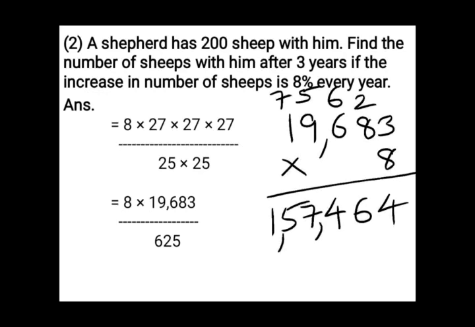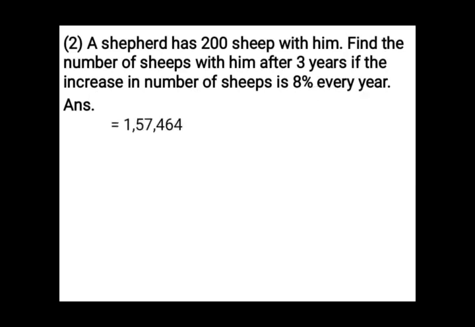After multiplying 19,683 into 8, I am getting the answer 1,57,464. That is 1,57,464 upon 625.